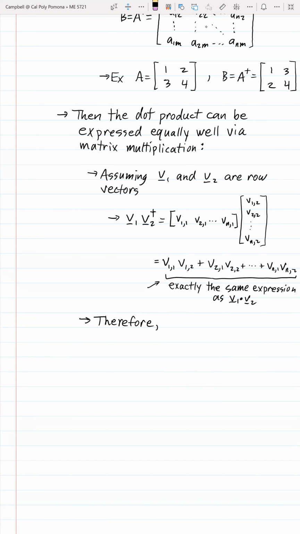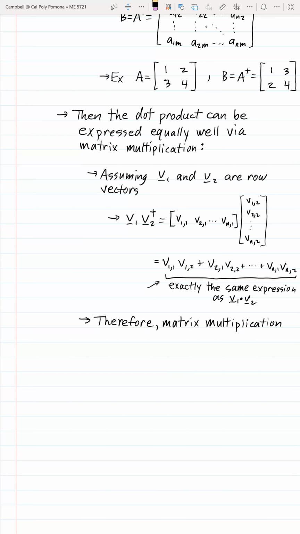Okay, so now, as I did before, we're ready to bring in the idea of matrix multiplication. So we can say that, therefore, matrix multiplication, so I didn't make that connection before between the dot product of the vectors and matrix multiplication of the vectors done in the appropriate way.